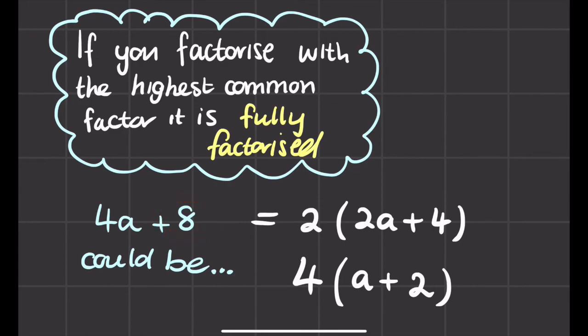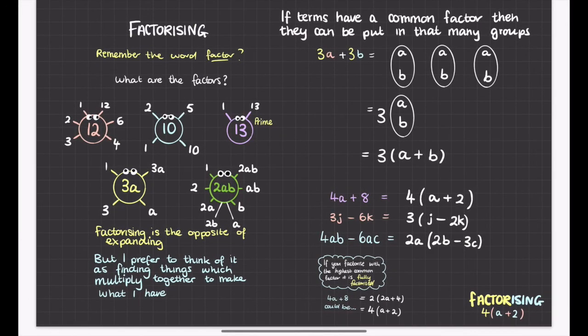Okay, so you can see here that these both have been factorised. We've both got things multiplied together. Here I've got 2 times this, and here I've got 4 times this. But this one's fully factorised because it's got the biggest or the highest common factor on the outside of the brackets. Okay, and so that is a little look at factorising.